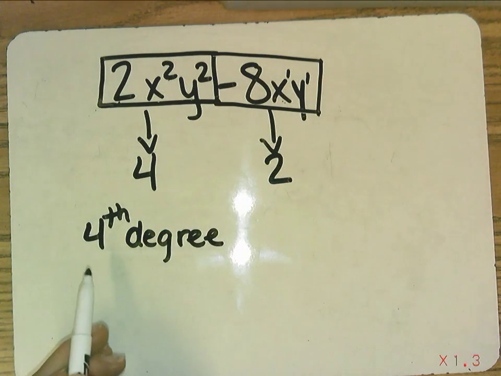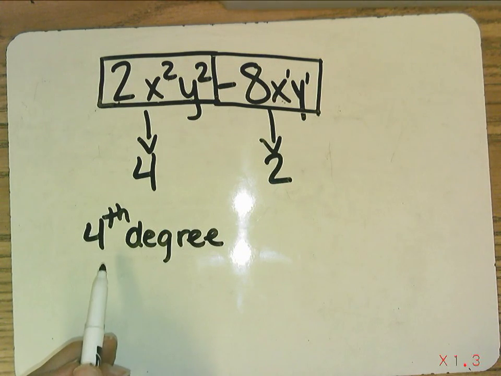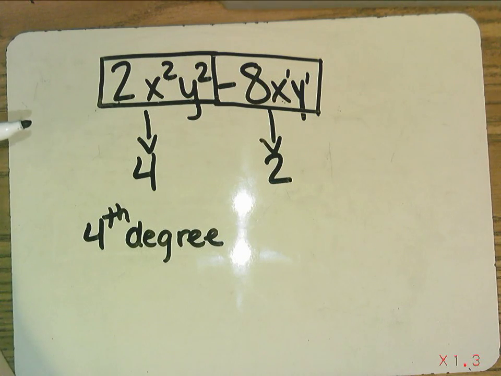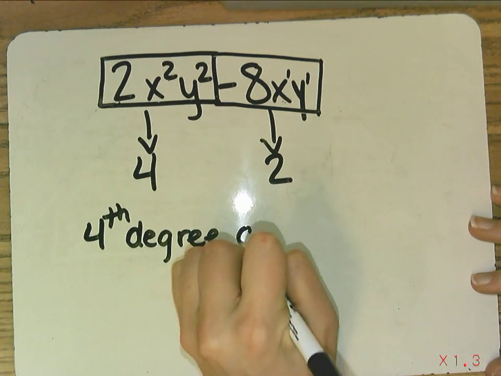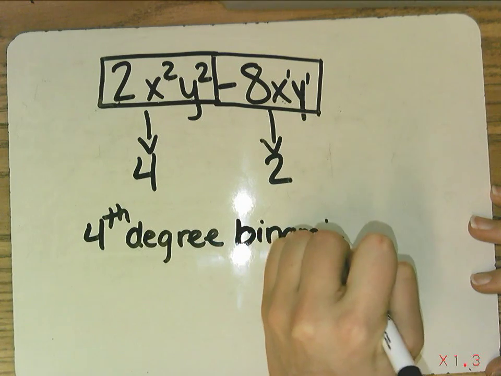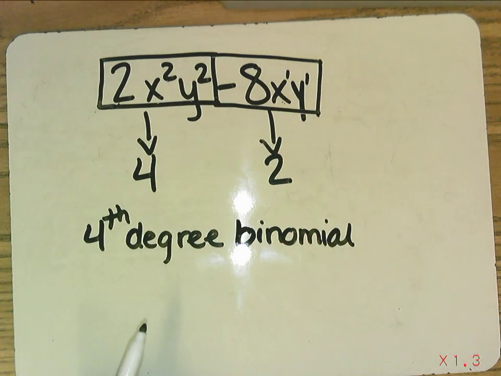So right there I've classified it by its degree. And the next thing I'm going to do is classify it by its number of terms. So how many boxes did I make? I made 2 different boxes. Since I have 2 terms, we call this a binomial. So this is a 4th degree binomial.